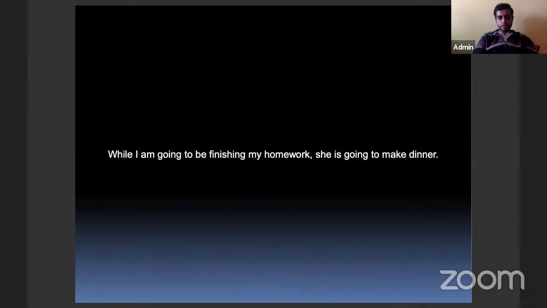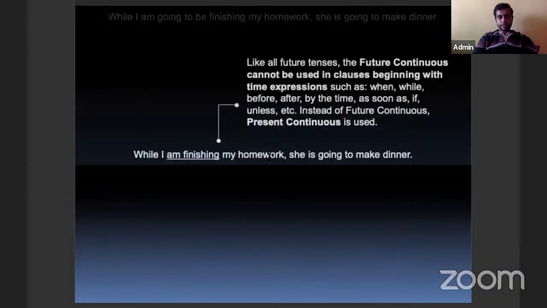Similarly, this is the clause: while I am going to be finishing my homework. This is the clause, okay? This is the clause while I am going to be finishing my homework. So you cannot use it.